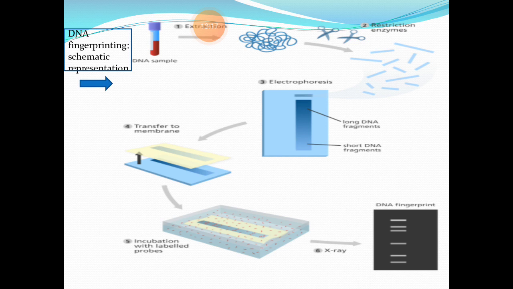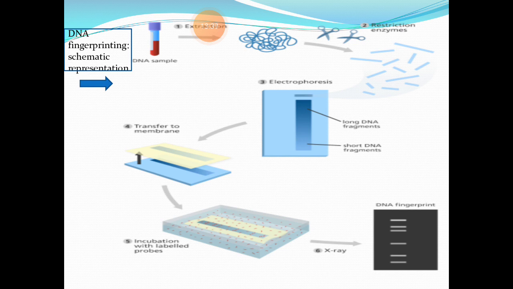And these bands are simply transferred position to position to the NC paper, and then the nitrocellulose paper is incubated with labeled probes in the 5th step for southern hybridization.